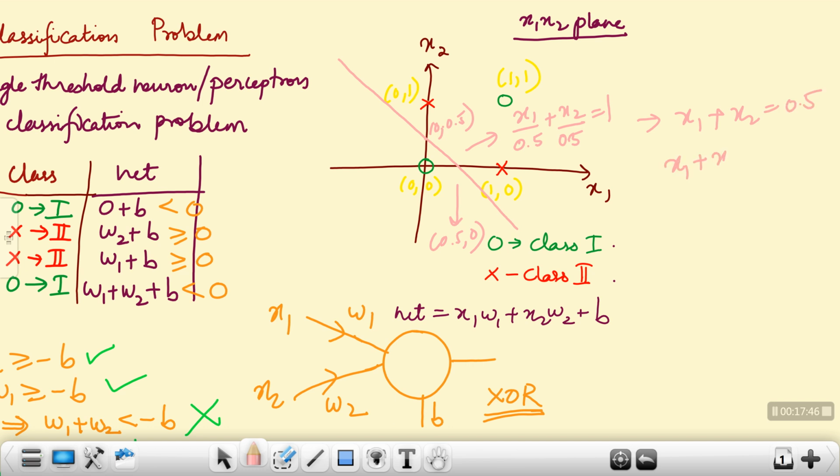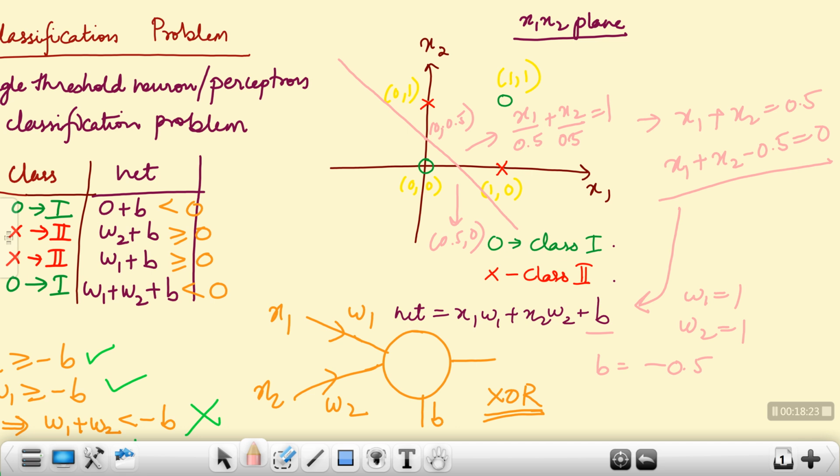So it becomes x1 plus x2 minus 0.5 equal to 0. So this will be the equation, where w1 is equal to 1, w2 is equal to 1, and bias is minus 0.5.